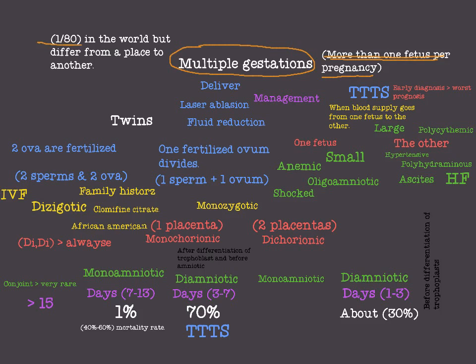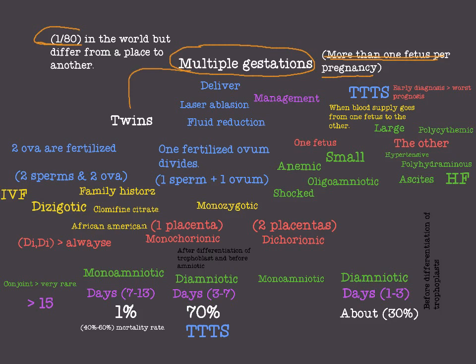This is approximately around the world, but each different place has its own numbers. It is an average of 1 in 80, but some populations like African Americans have a lot more than that. So this is the incidence.